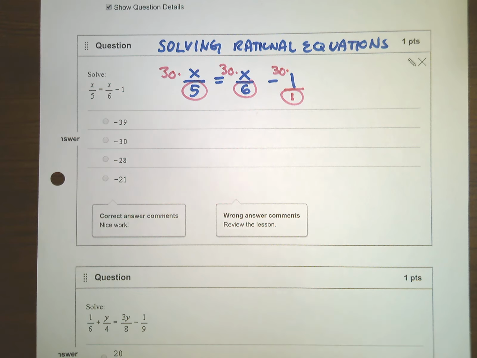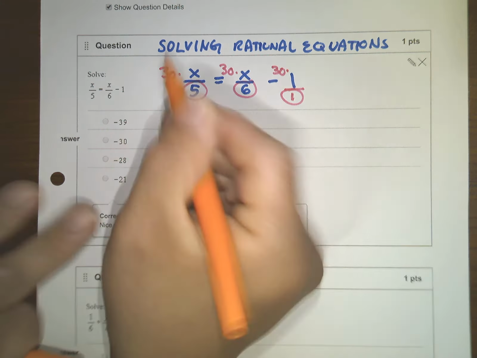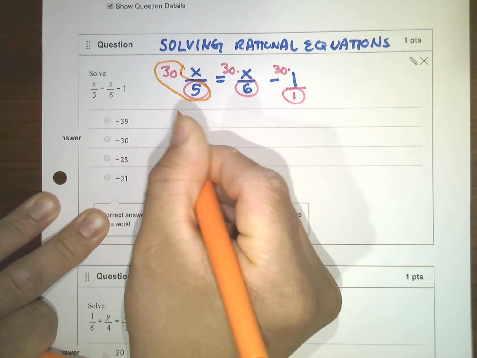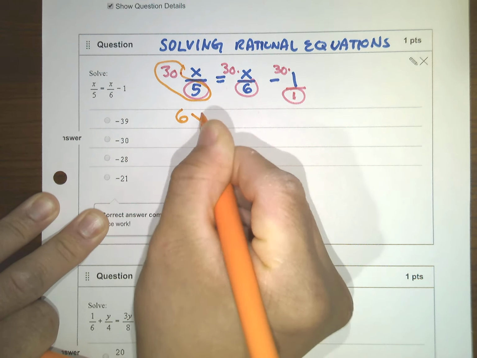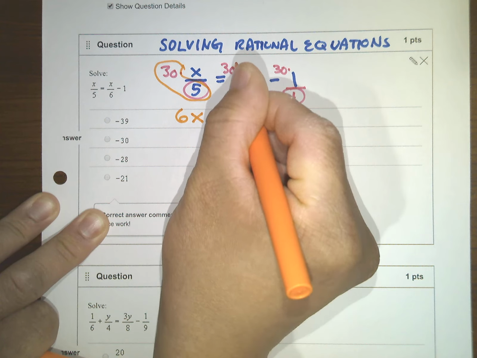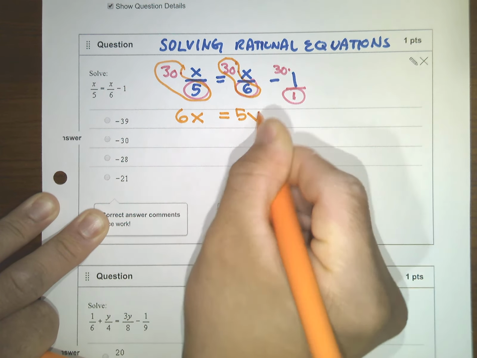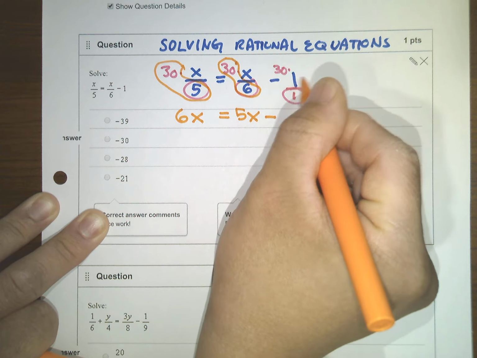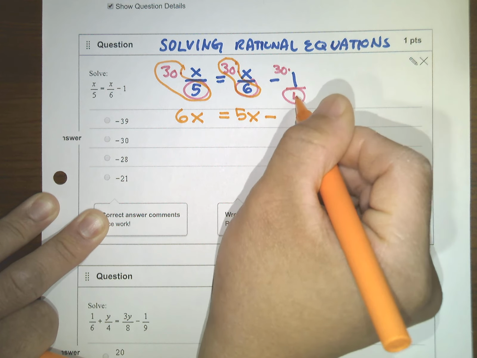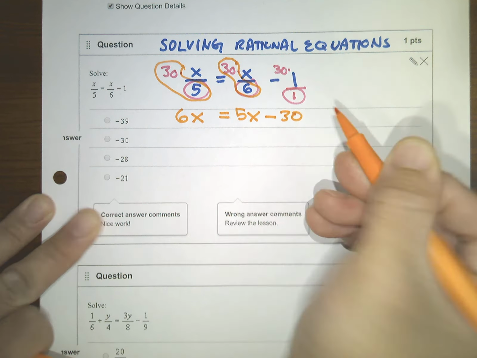And then we see that 30 divided by 5 is 6, so this will become 6x. 30 divided by 6 is 5, so this will become 5x. And 30 times 1 divided by 1 is still just 30.